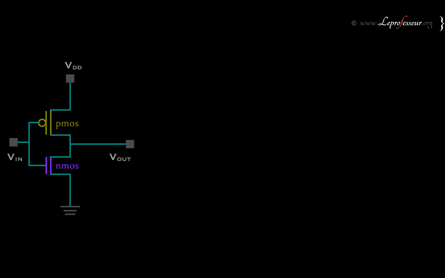As you can see, we have this inverter, pMOS and nMOS. So we have two devices, pMOS and nMOS, and they are connected to the input voltage, output voltage, power supply VDD, and the ground. To connect the devices, we need some mechanism.